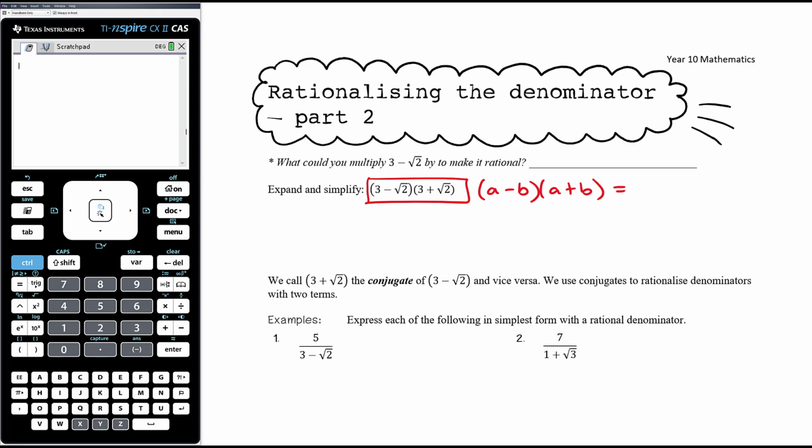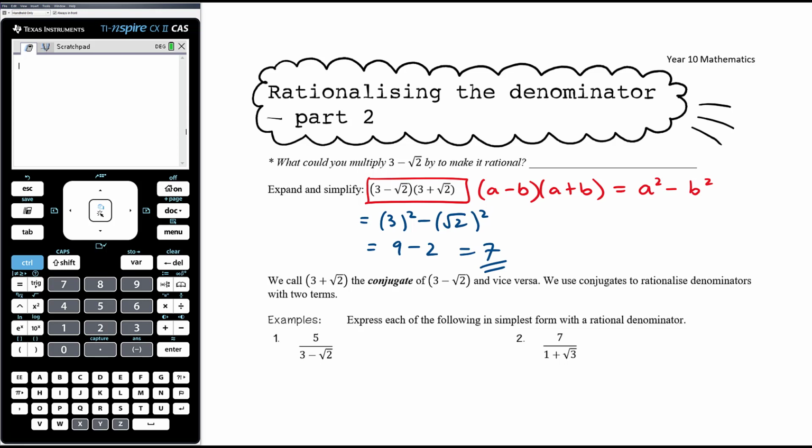The reason that's so helpful when we have surds in these brackets is because when we expand out a minus b times a plus b, we get a squared minus b squared. And squaring surds is a great way to make them rational. So in this case, this would be 3 squared minus root 2 squared, which is 9 minus 2, so 7, which is rational.